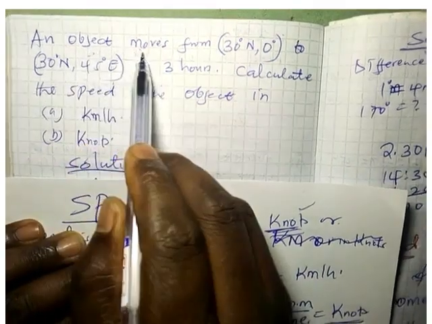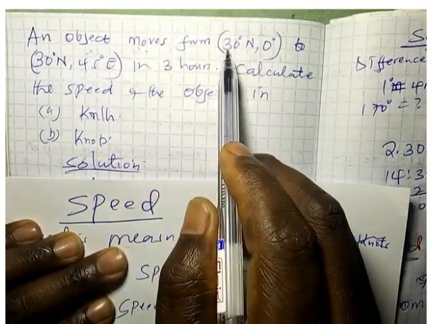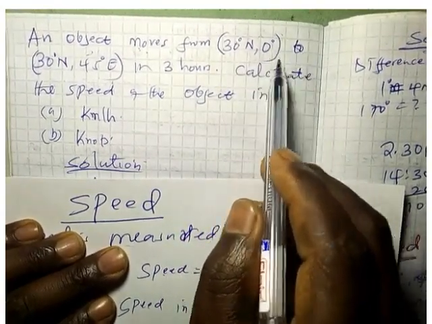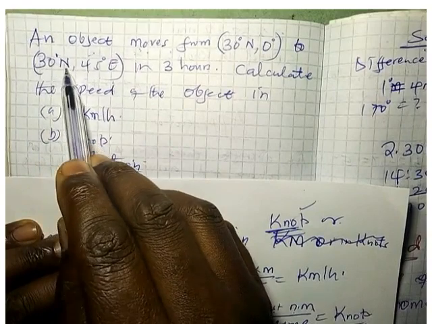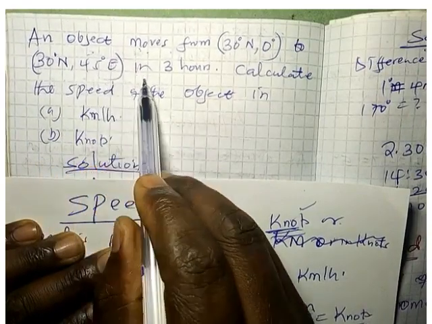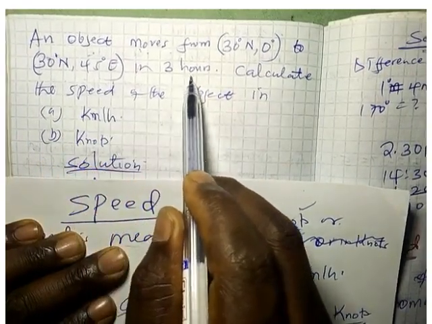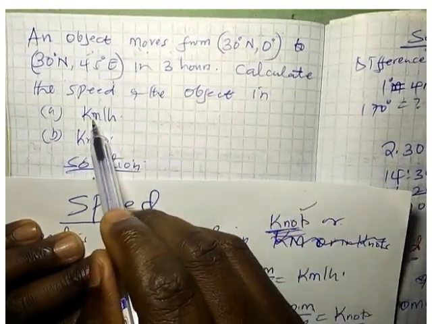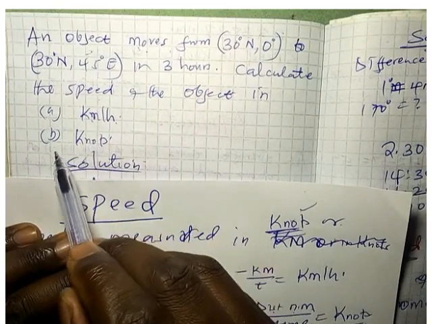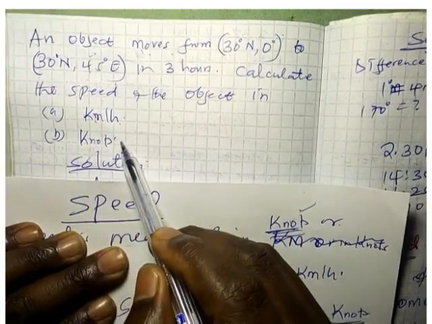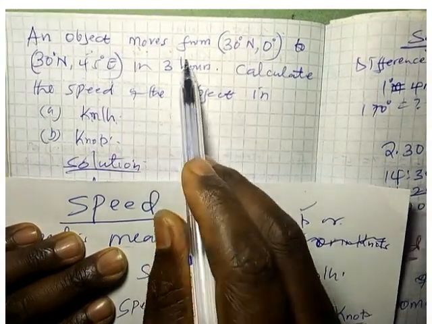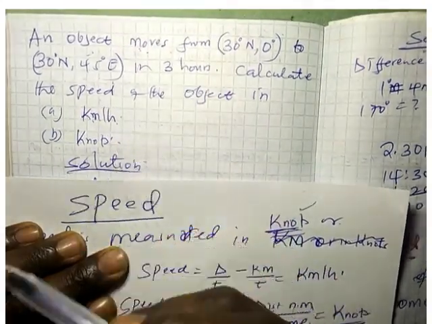An object moves from 30 degrees north, 0 degrees to 30 degrees north, 45 degrees east in 3 hours. Calculate the speed of the object in A kilometers per hour and B in knots.